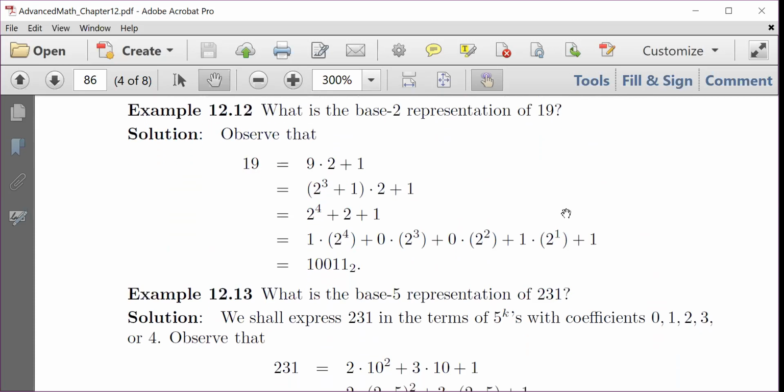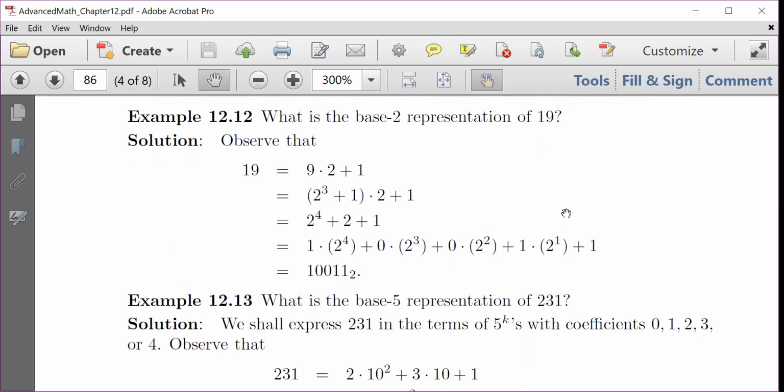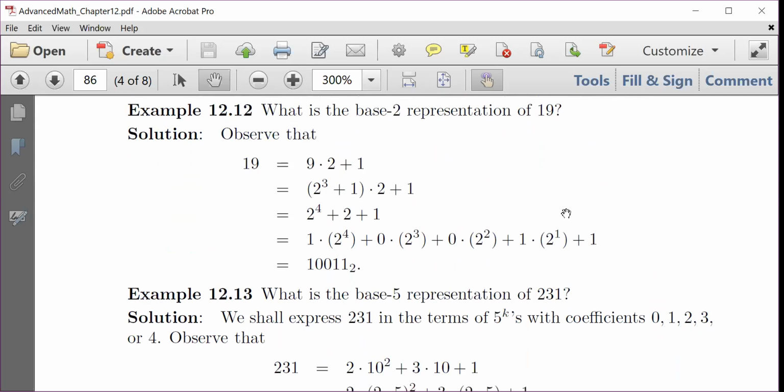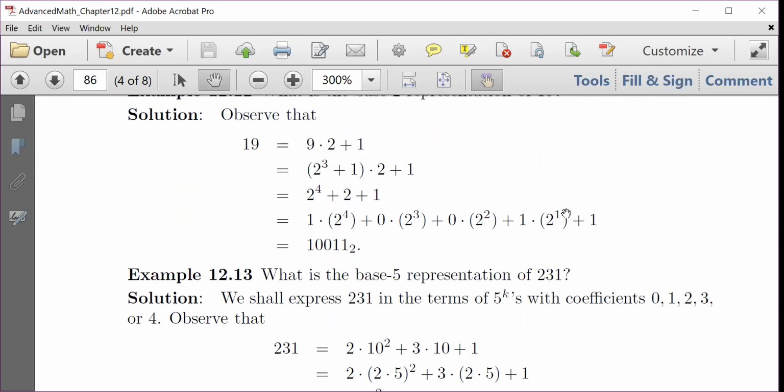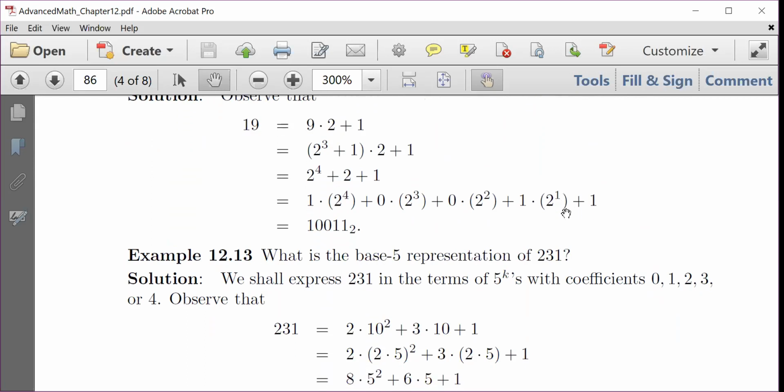So what I get is 231 equals 2 times 10 squared plus 3 times 10 plus 1. That's in the base 10 system. But 10 is 2 times 5, so I replace 10 by 2 times 5. Then I do the multiplication, and the first one is 8, because 2 times 2 times 2 is 8, and 2 times 3 is 6.